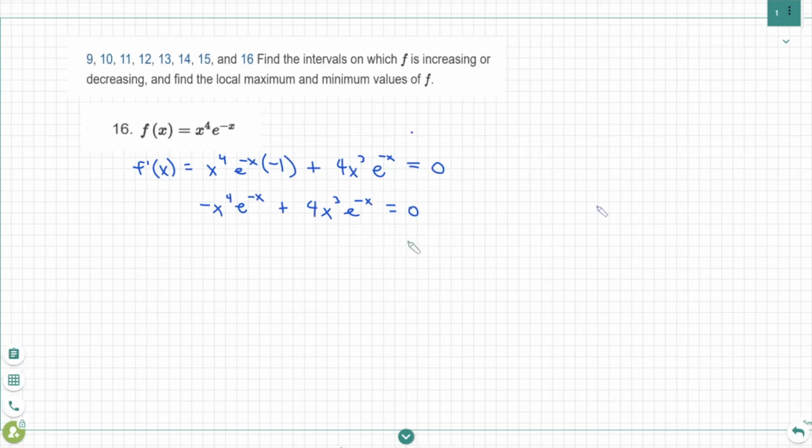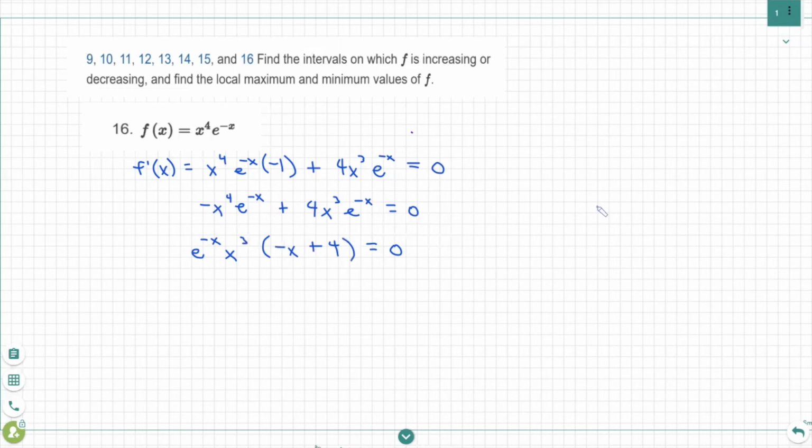Anything else? And x to the third. Yeah, x cubed. And then what's left? That would give us negative x plus 4 equals 0.